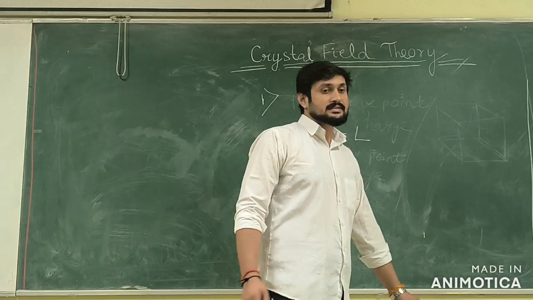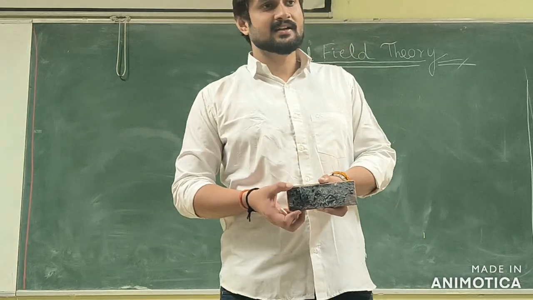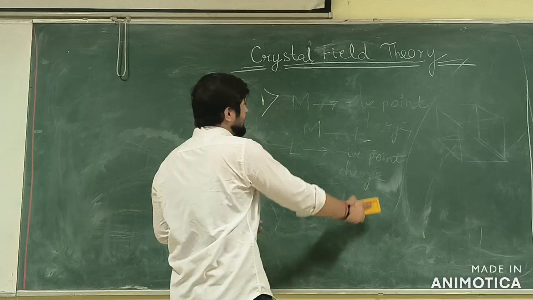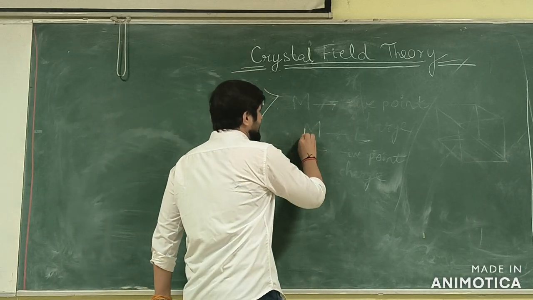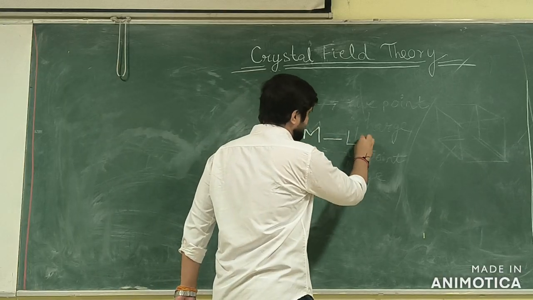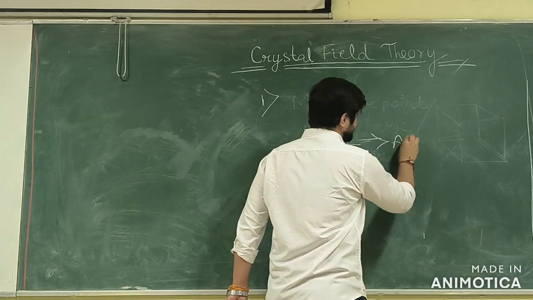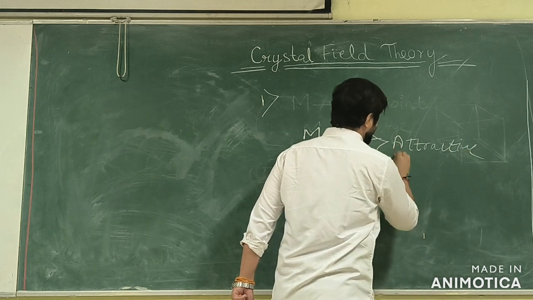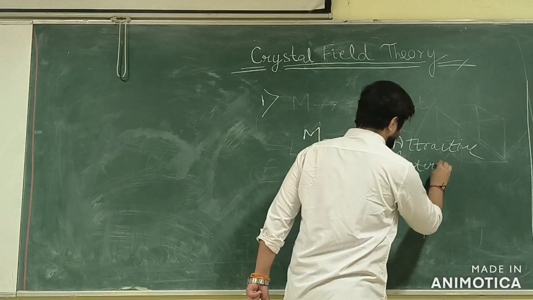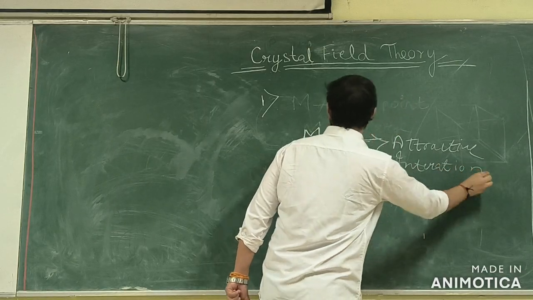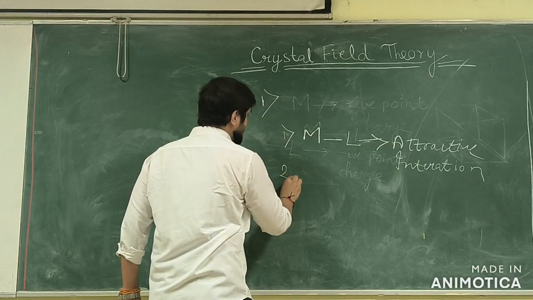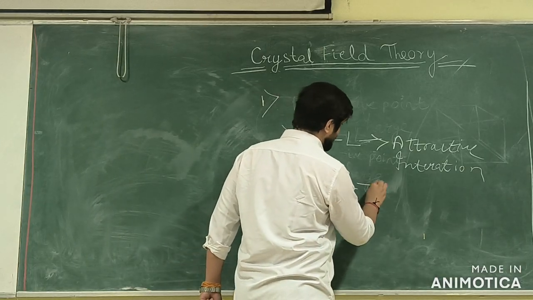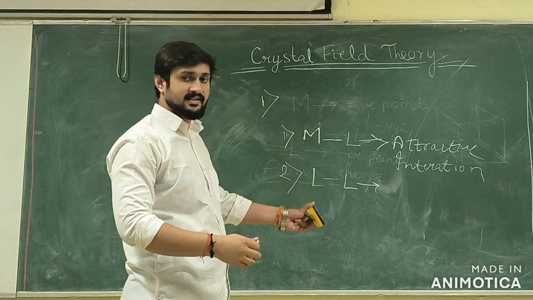Now, the second thing which this theory proposes is that there are three types of interactions between the metal and ligand. First, the metal and ligand have attractive forces, an attractive interaction. Then there can be a repulsion between ligand and ligand electron clouds. The electron clouds of both ligands can repel each other.